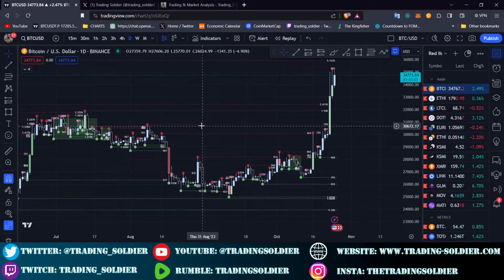But if you are a beginner, or you are starting with crypto and with trading, this is going to make it a lot easier for you to see where the liquidity pools or liquidity clusters are that are most probable to cause a bounce or a rejection, or are probably going to attract the price.